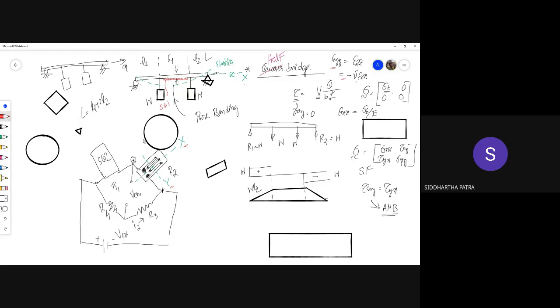Okay. এবার আমরা স্ট্রেন গেজ 2টা কোথায় লাগাবো? স্ট্রেন গেজ 2টাকে আমরা লাগিয়ে দেবো উপরের দিকে। তার মানে স্ট্রেন গেজ 2 would be subjected to compression. Strain gauge 1 would be under tension and strain gauge 2 would be under compression.